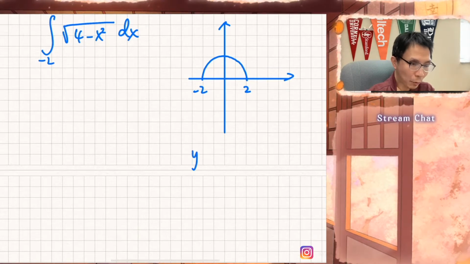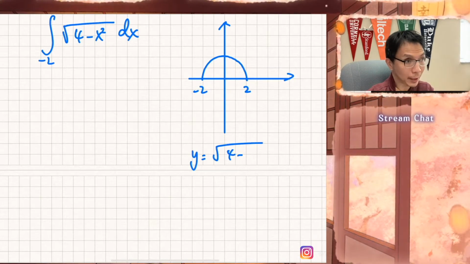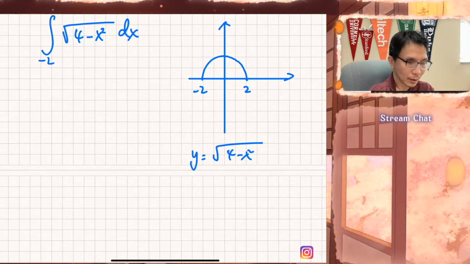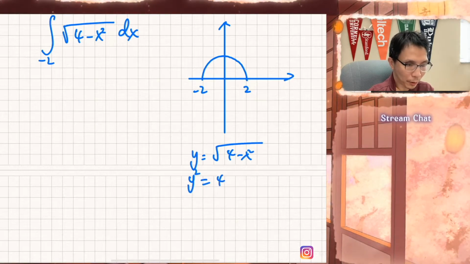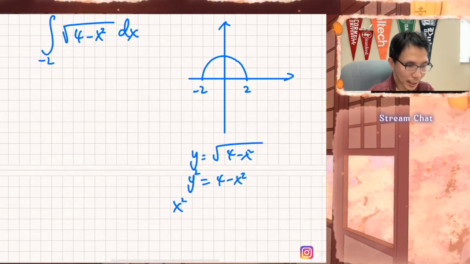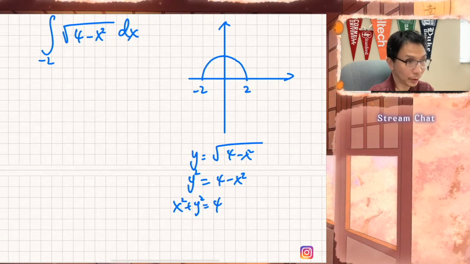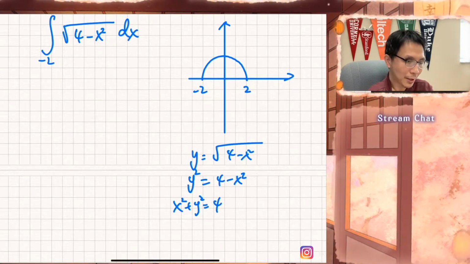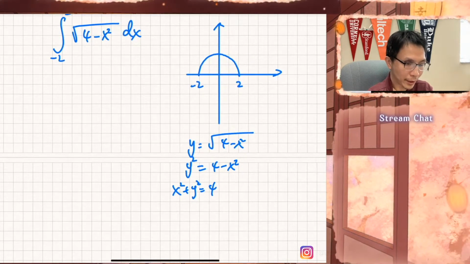Well, if I have y equal to the square root of 4 minus x squared, then y squared equals 4 minus x squared, so x squared plus y squared is equal to 4. Therefore, I know that's a full circle with radius 2.